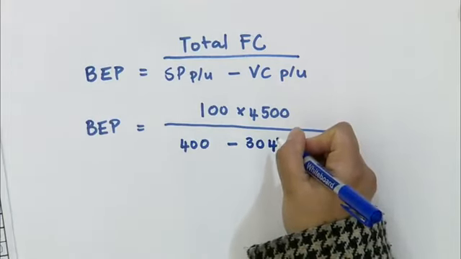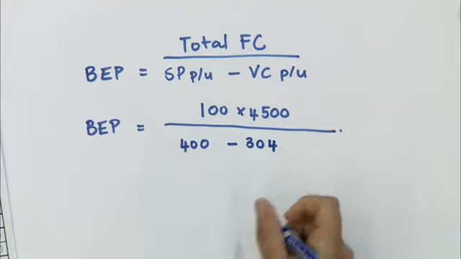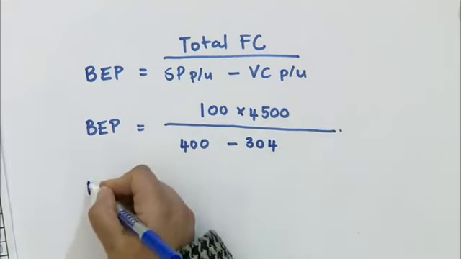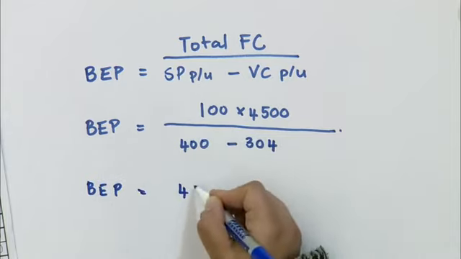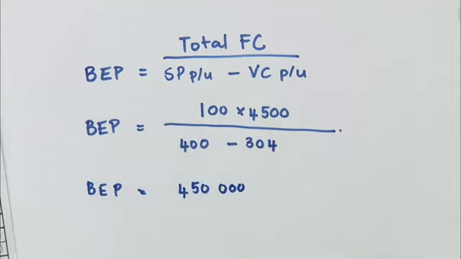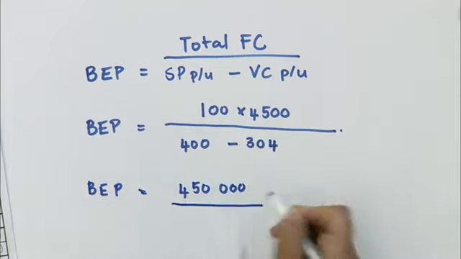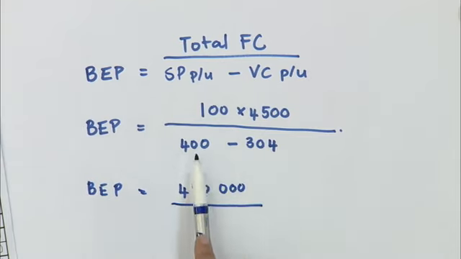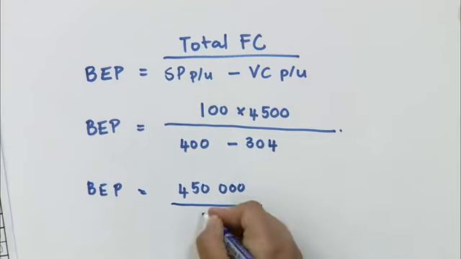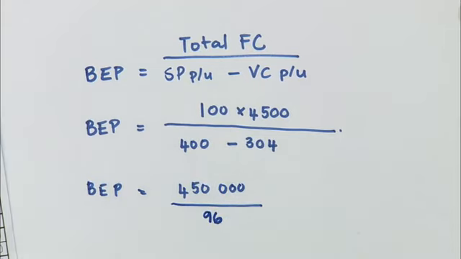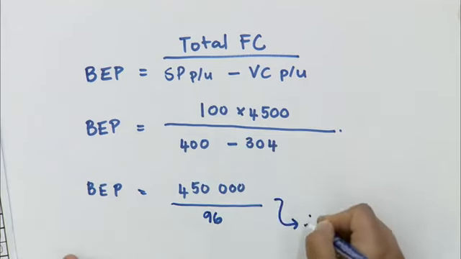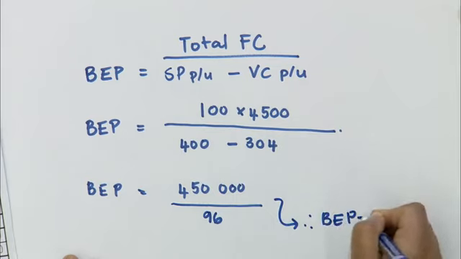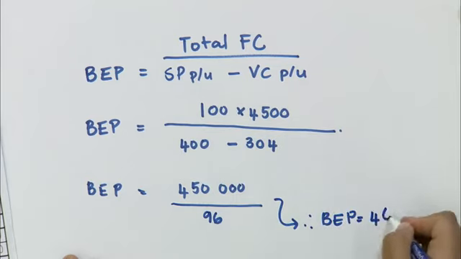And when we do our calculations, we will find that 100 times 4,500 amounts to 450,000. Right? Over our contribution cost per unit, which is 400 minus 304, gives us 96. So our BEP will amount to 4688 units.